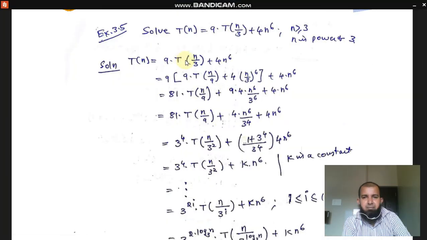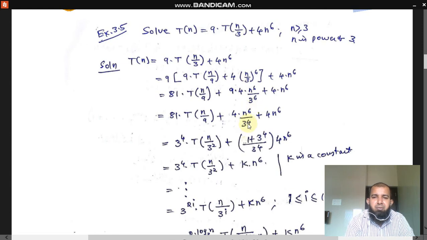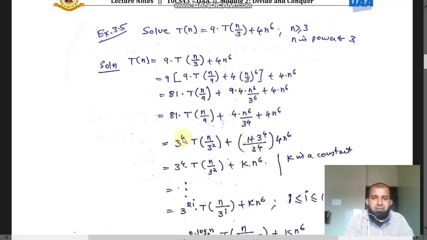If you simplify, you get 3 to the power of 4, which means 81, T(n/3^2)... If you take 4n^6 common, what remains is 1 plus 3^4 divided by 3^4.